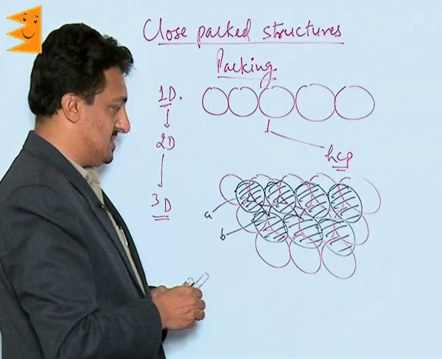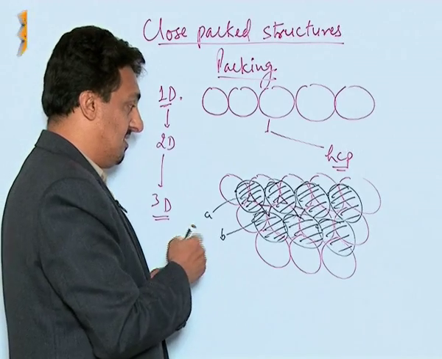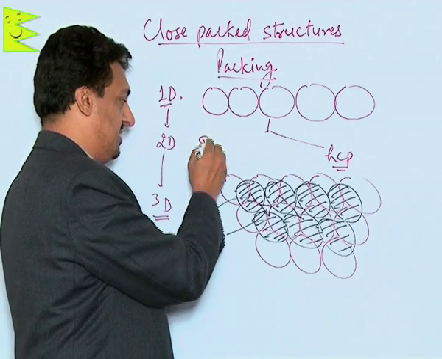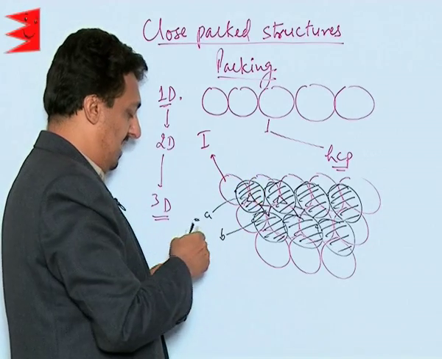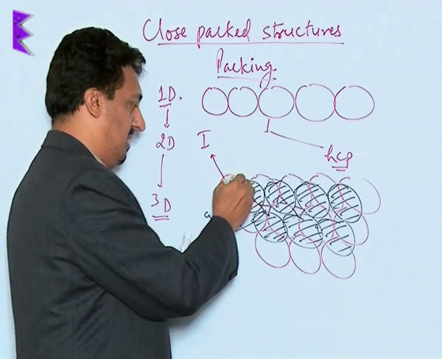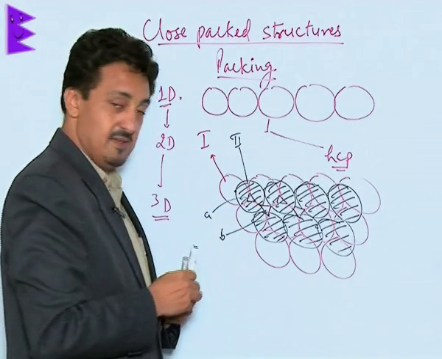The red colored marker shows the first layer, and the black colored marker shows the second layer.